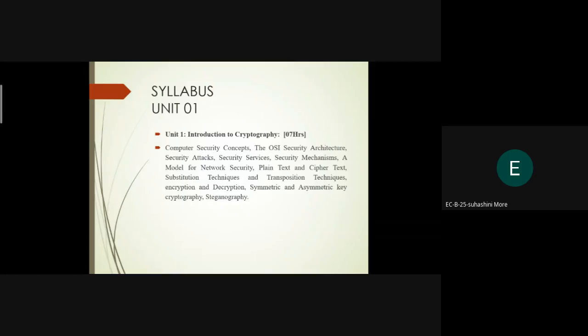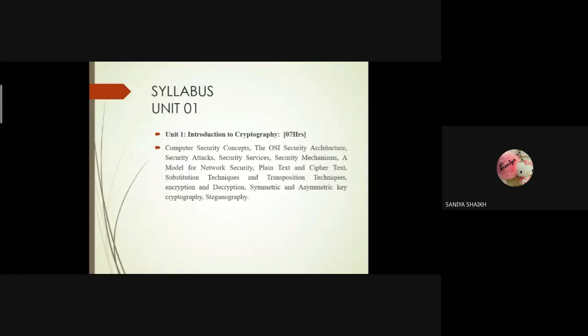Have you heard about various words like cryptography, network security, cyber security, then steganography? Yes, sir. Okay, so first I'll explain what we have to study in each unit. The first unit is introduction to cryptography.